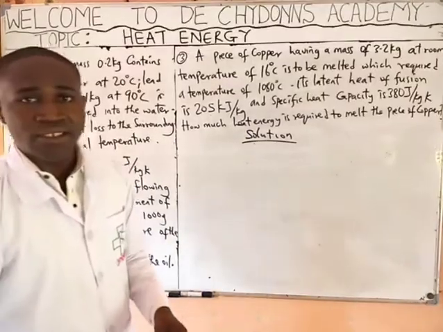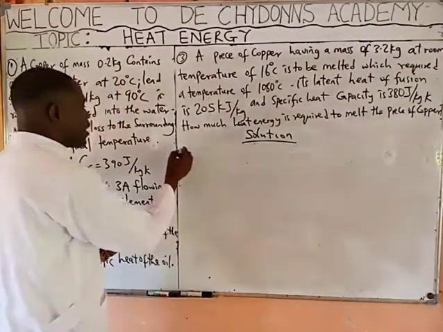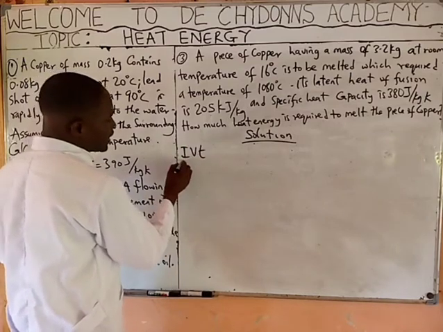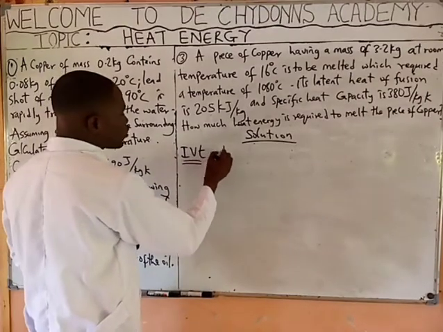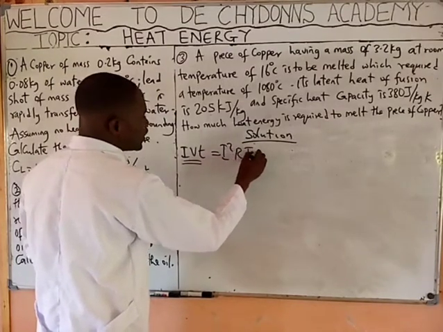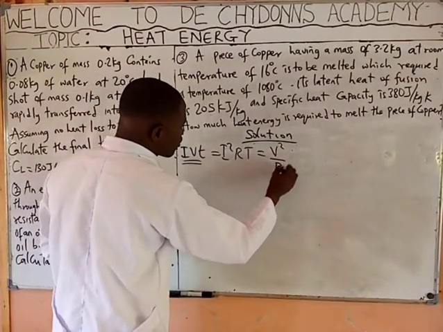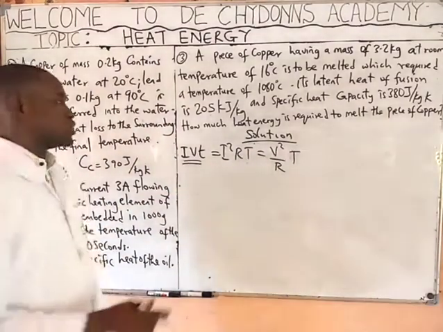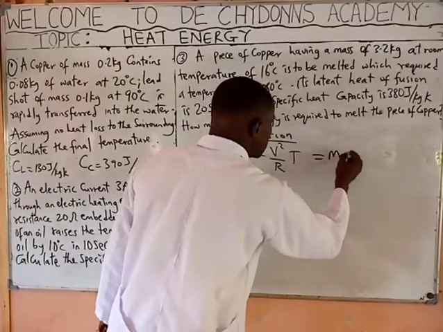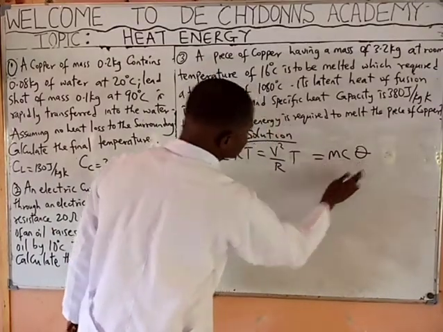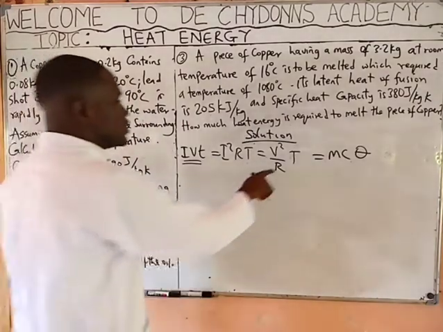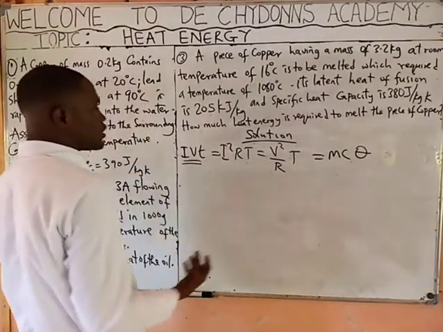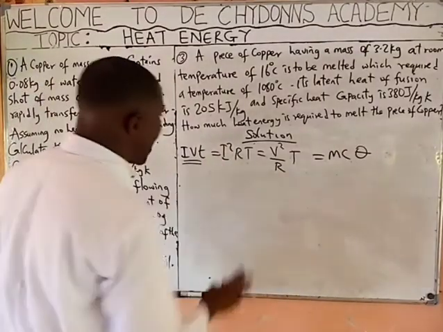When you are supplying heat by electrical method, remember the formula IVT, that is the electrical energy, is equal to I square RT is equal to V square over RT. These are formulas for calculating the electrical heat energy. So you equate it to the normal formula you know, MC theta, where the T must be in seconds, the R in ohms, the voltage in volts, the I in amperes.